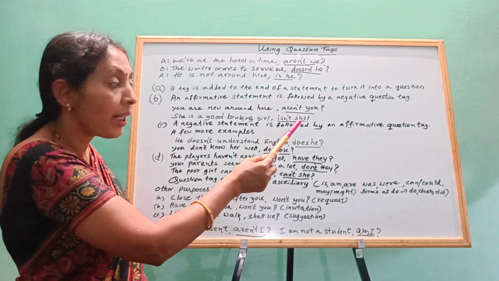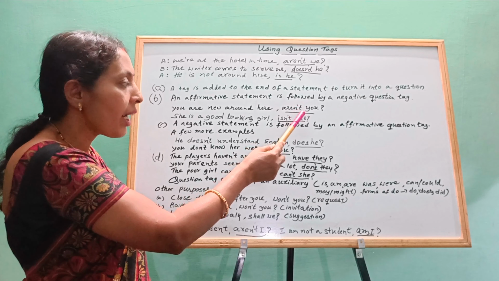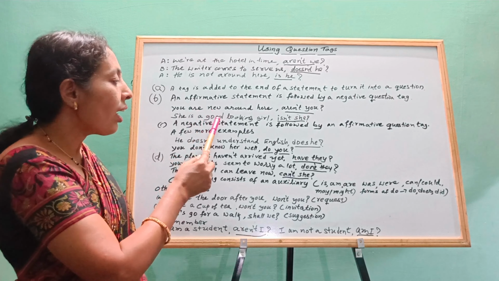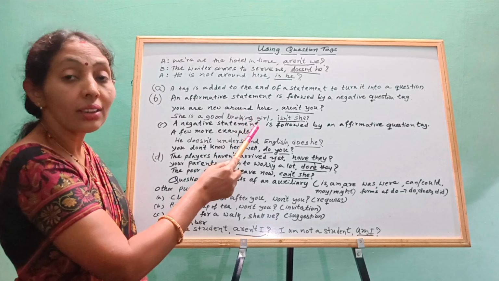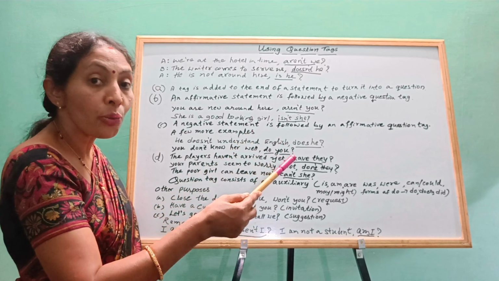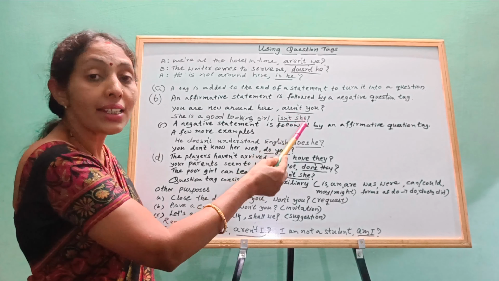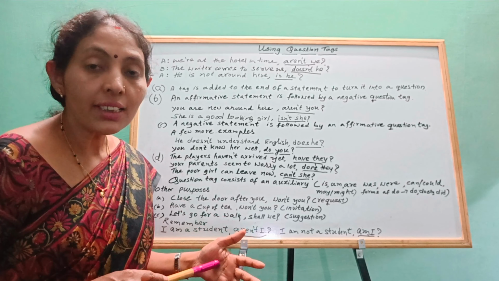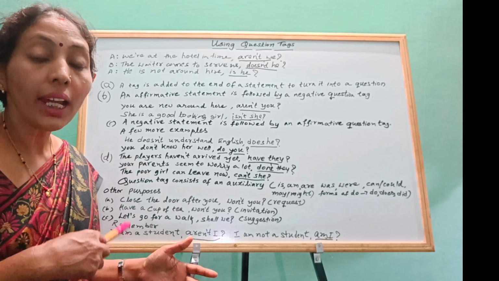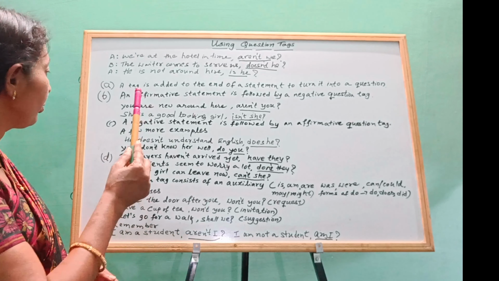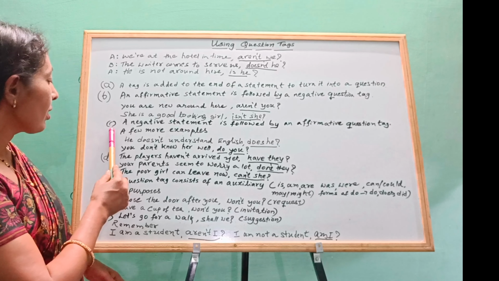It is followed by negative question tag, aren't you? She is a good-looking girl. This is an affirmative statement. It is followed by negative question tag, isn't she? Okay, if a sentence is affirmative, the tag becomes a negative question tag. Yes.